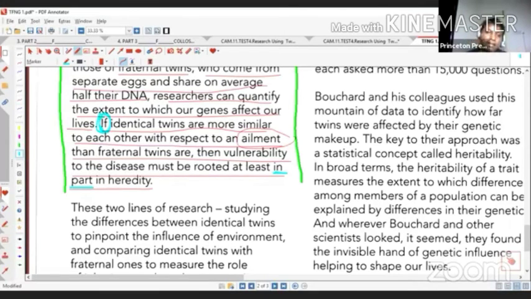They are comparing identical twins among themselves and fraternal twins among themselves. Okay? They're giving a different set of answers. You got it?